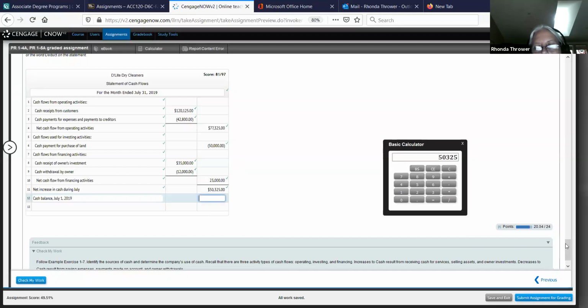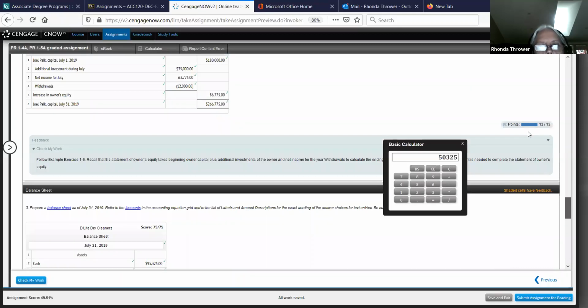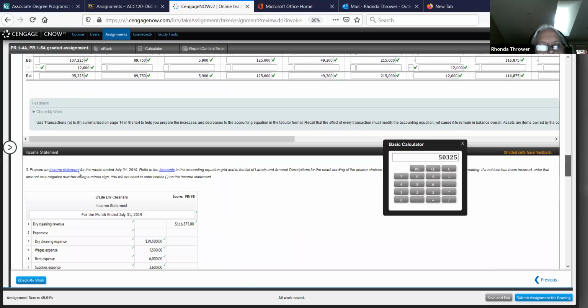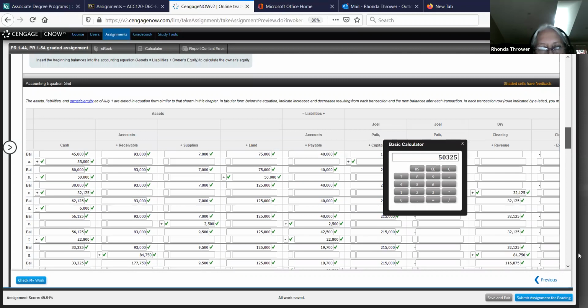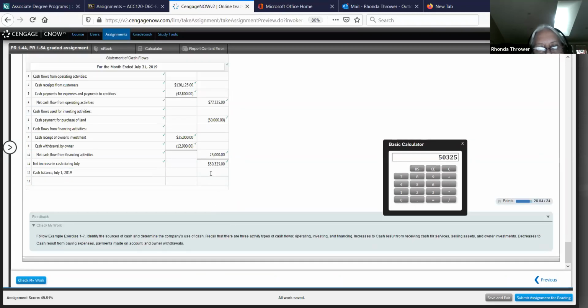And that beginning cash balance was given to us at $45,000. My beginning cash balance was $45,000.